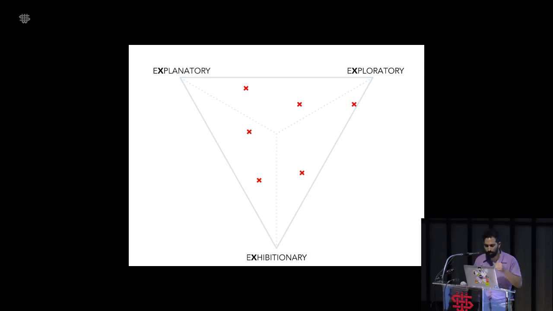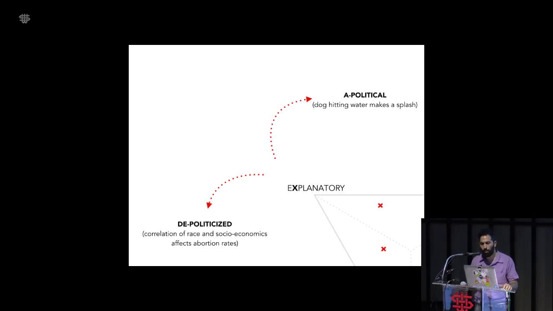There are different levels of legitimacy to each one of the approaches, depending on the context. But when we're talking about the explanatory, what does it try to explain? Is it an apolitical message, like a dog hitting water makes a splash? Or is it depoliticizing a message? The correlation of race and socioeconomics affects abortion rates. And that is a critical point.